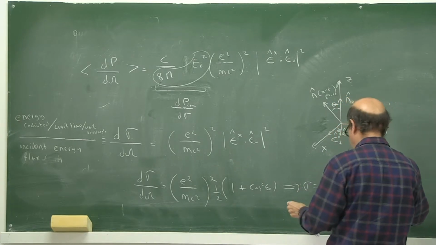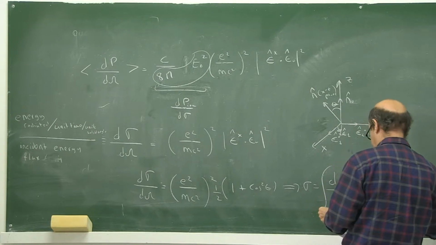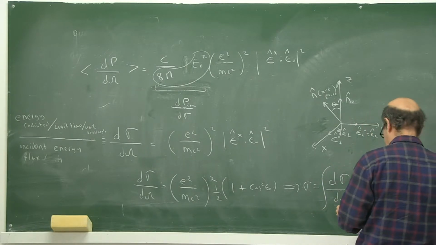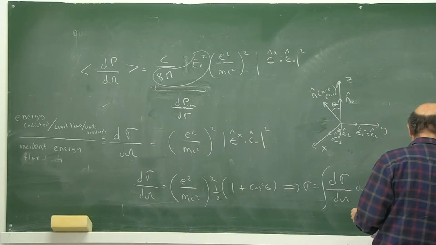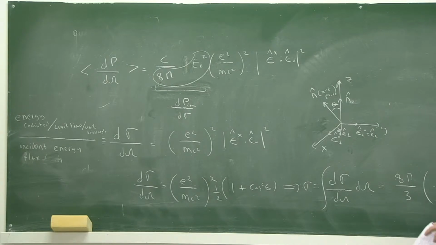So the result of this trivial integration is 8 pi over 3 times e square over mc square, squared.